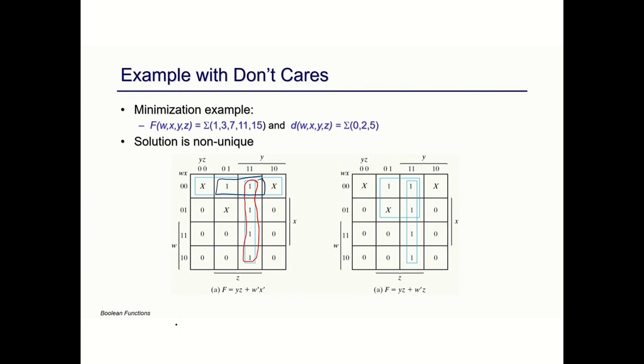But there is a possibility if we include the don't cares. We can make a grouping with the help of these two don't cares, covering 4 positions. If we do this, the final term is yz, and the covering with this gives w bar and x bar.